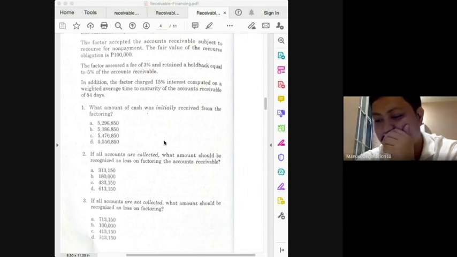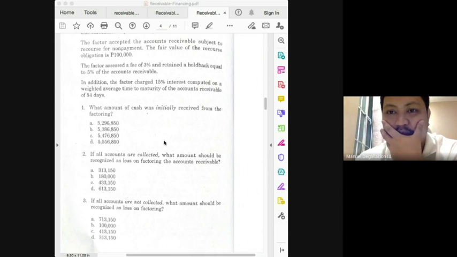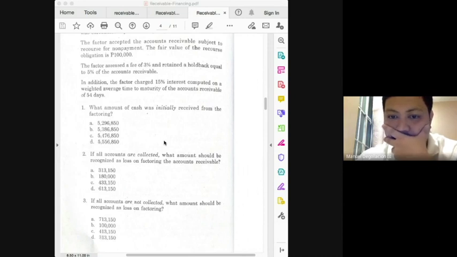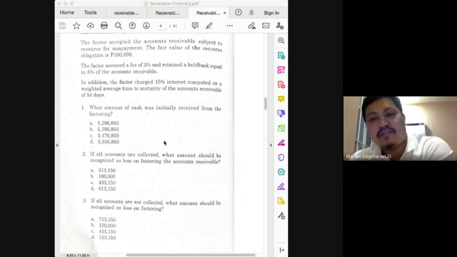It's 133,150. Next would be the recourse liability, and the fair value of the recourse liability is 100,000.